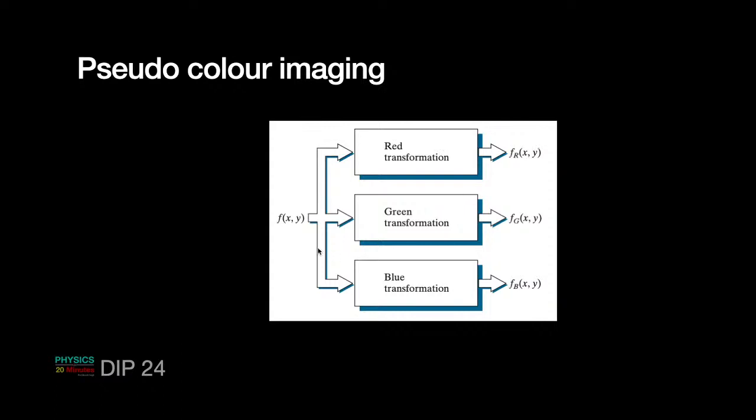Remember this, I'm talking about going from one colored image to a pseudo color image. I'm not talking about a grayscale. You take a color image, convert it into a stack, process each one of them, and then finally get three processed images. You can merge them together to make one resultant image. This is how it will happen with a color image also. So you have one color image, from there you produce a pseudo color image.